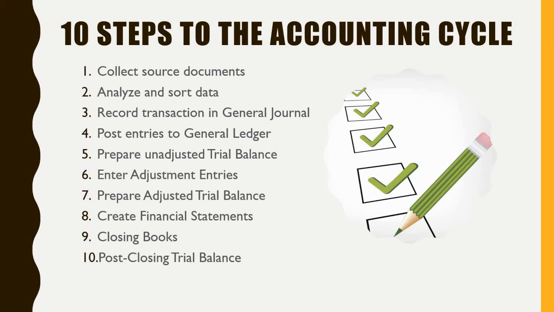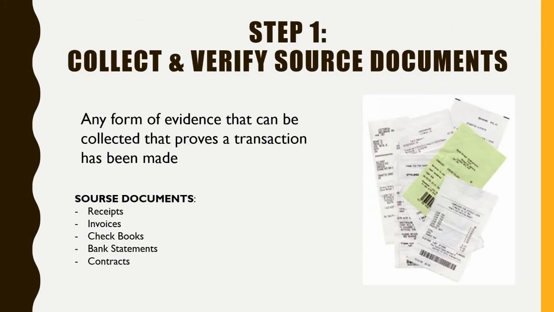So step 1 is to analyze the source document, to collect the source document, meaning any receipts. Let me see, hold on. Did I separate each one? Yes, I did separate each one. So step one is to verify and to collect your source documents.